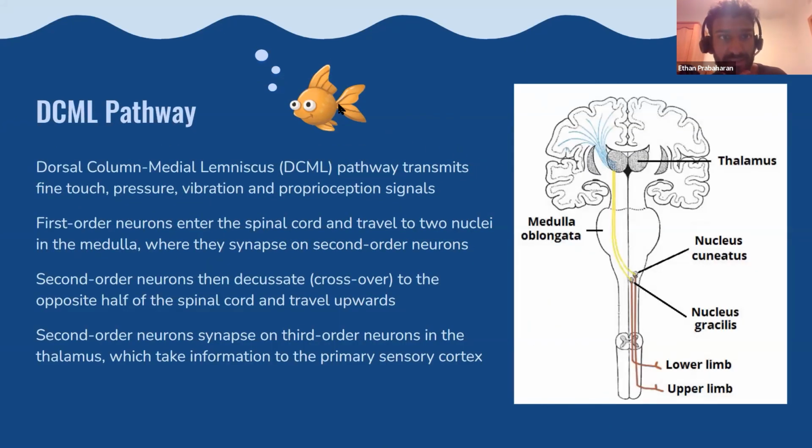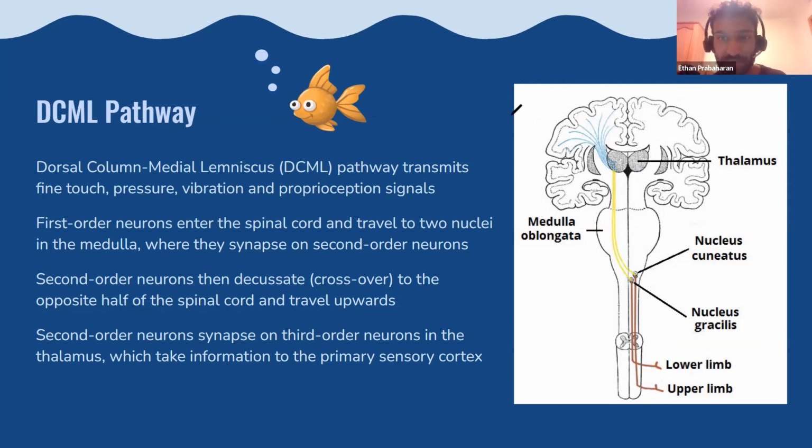So this tract is going to transmit signals of fine touch, pressure, vibration, proprioception, which is like if you close your eyes, you sort of know where your body parts are. That's proprioception. So it's your sense of where everything is, where all your body parts are. So I'd suggest just remember that this pathway carries these signals.